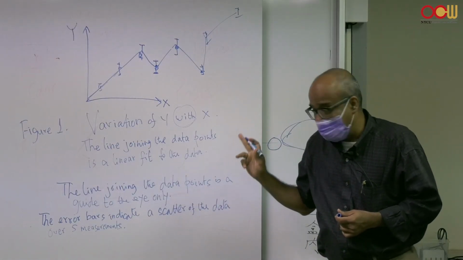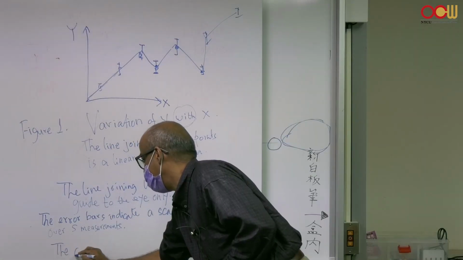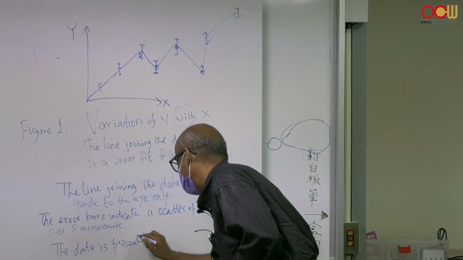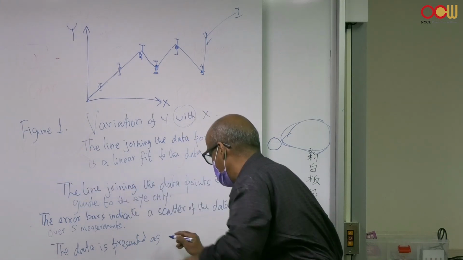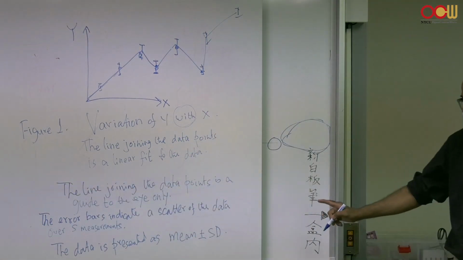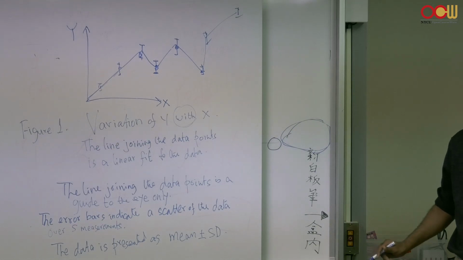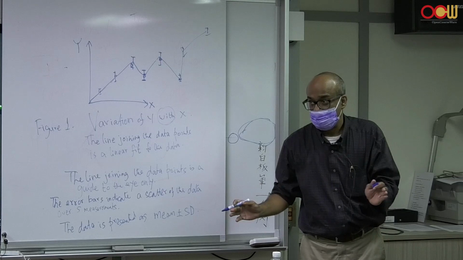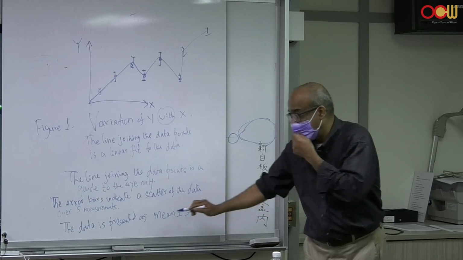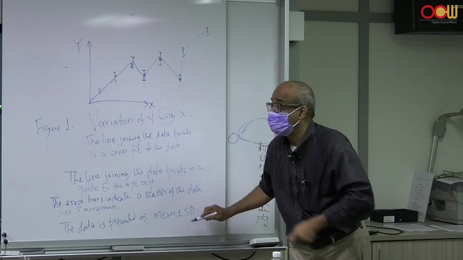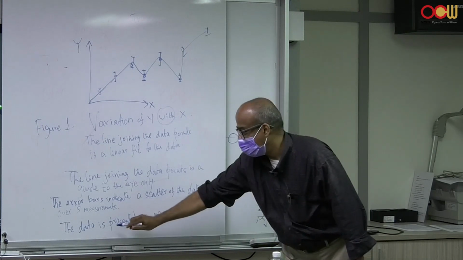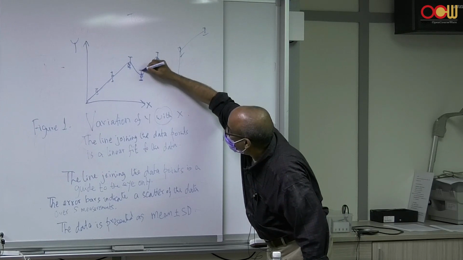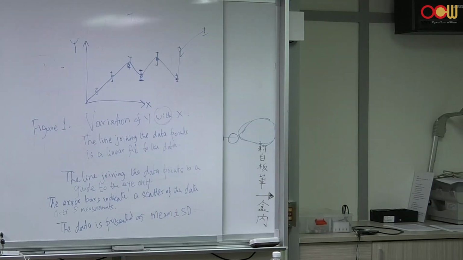So in that case, you say, this is probably what biology people will do, the data is presented as mean plus minus SD, where SD means standard deviation. Okay? And this is the language. You cannot change this. It has to be this. The data is presented as mean plus minus SD. So this is the mean, this is the plus SD, this is the minus SD. You cannot change the language.